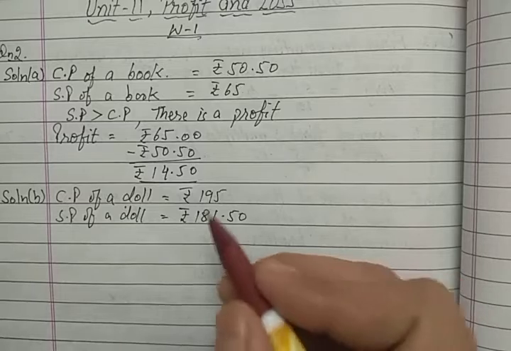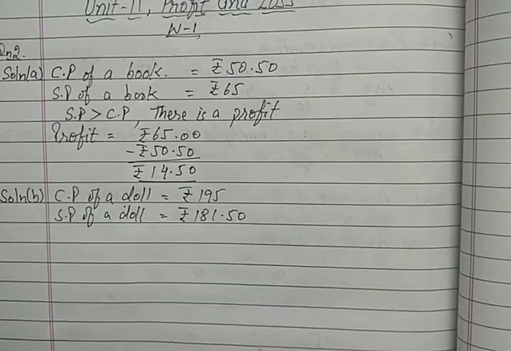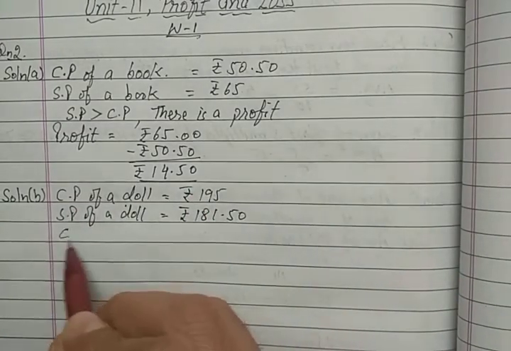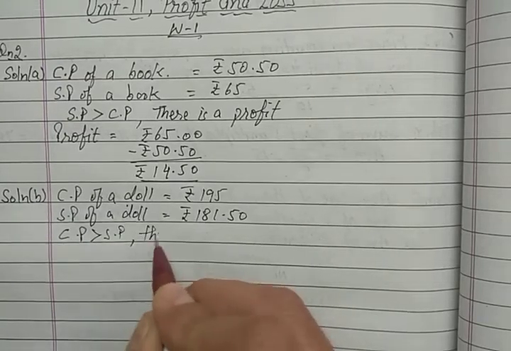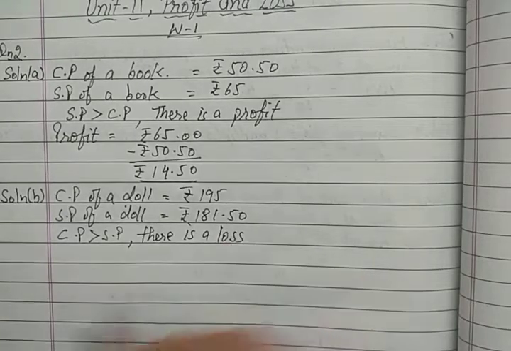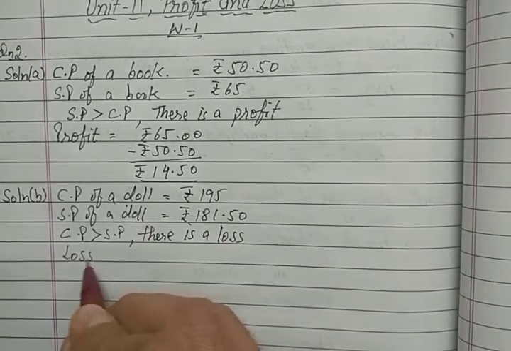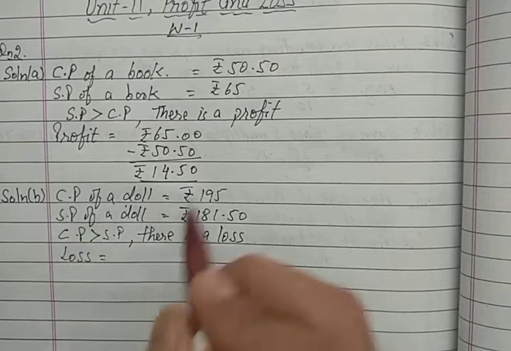So you can see here that the cost price is greater than the selling price. So that means there is a loss. And to find out the loss, what we have to do is subtract, we have to find the difference.